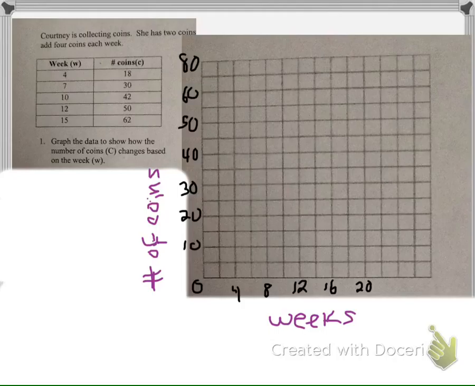Okay, so now I just need to graph the table. At 4 weeks, there's 18 coins. 10, 18 would be about there. At 7 weeks, there's 30. At 10 weeks, there's 42.